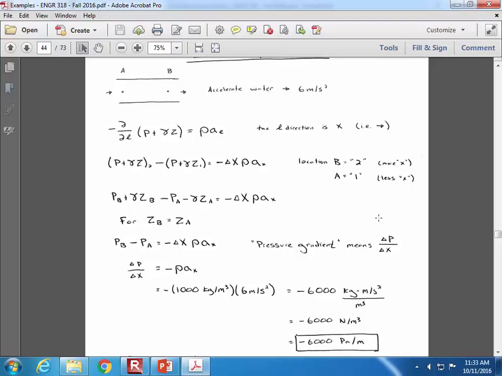And when that's the case, that means that the fluid is going to be accelerating through the pipe at 6 meters per second squared. So the main objective of this example is to give you another illustration of how Euler's equation can be used, but then it's also partly just to expose you to the idea of a pressure gradient.